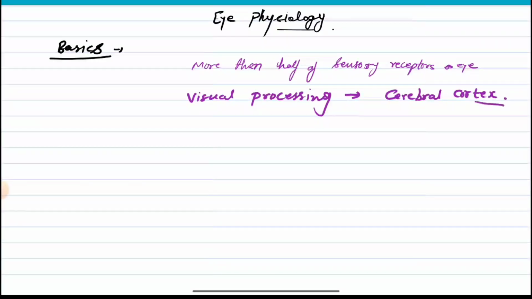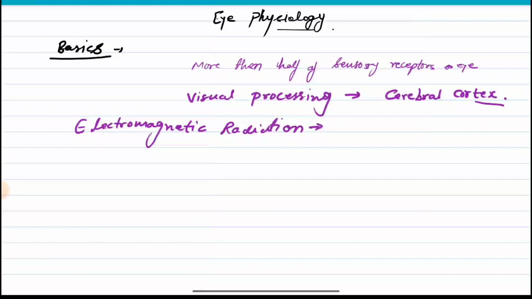Okay, now if we talk about electromagnetic radiation. Okay, so what is electromagnetic radiation? It's referred to energy in the form of waves that radiates from the sun and other sources. From the sun we are all aware of UV rays.